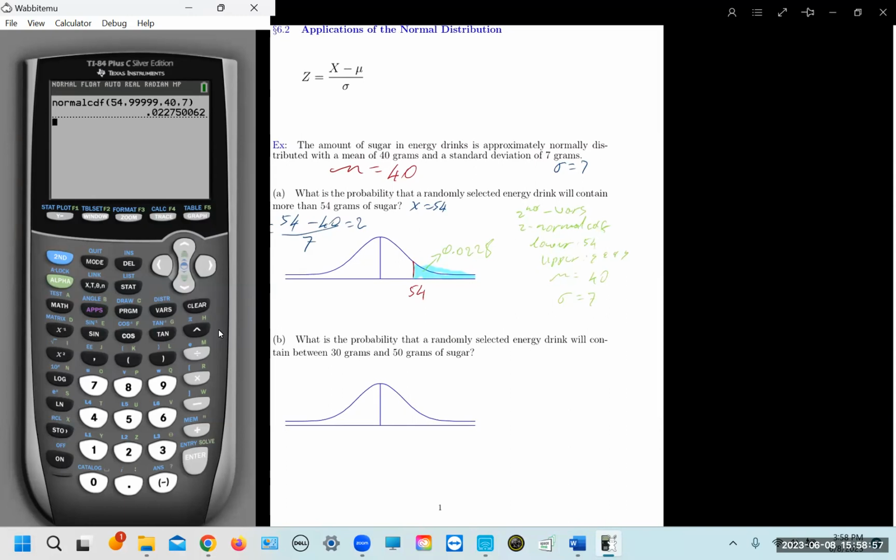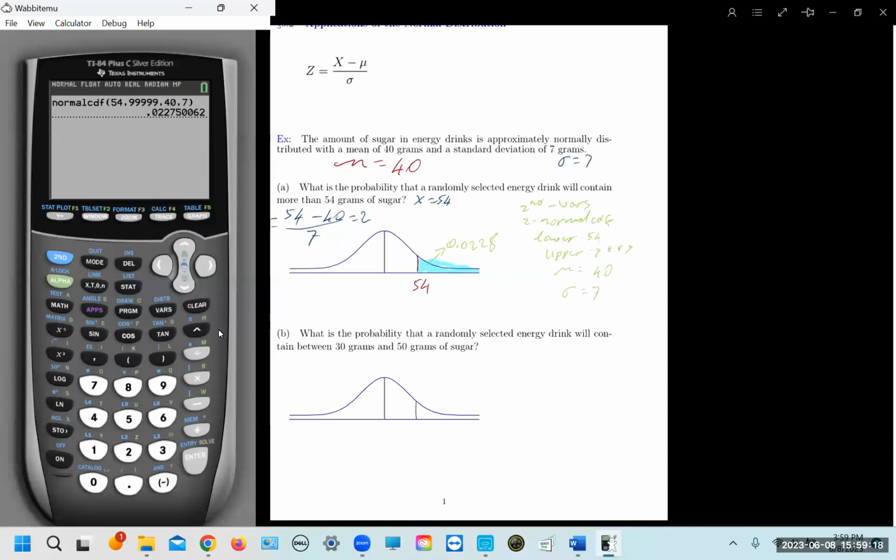And for the B, we got what is the probability that a randomly selected energy drink will contain between 30 grams and 50 grams of sugar.